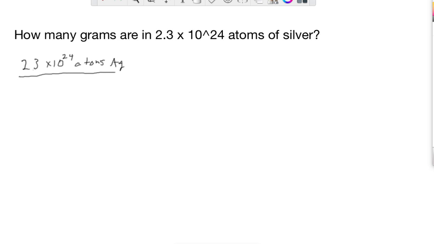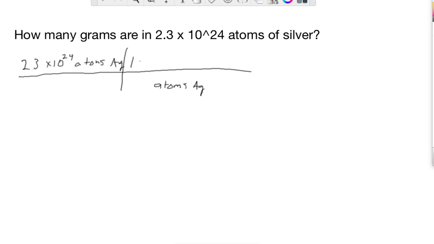So let's go ahead and draw our line for our factor label method problem. So if I have atoms of silver here, in order to cancel out atoms of silver, atoms of silver need to go on the bottom. And then, like I said before, the mole is your bridge for connecting these units together.